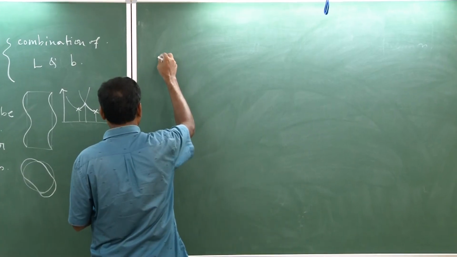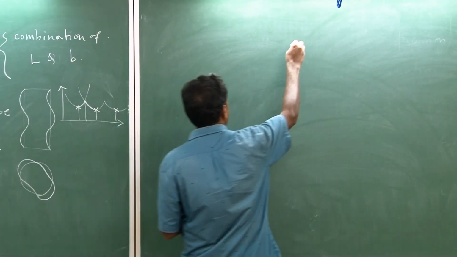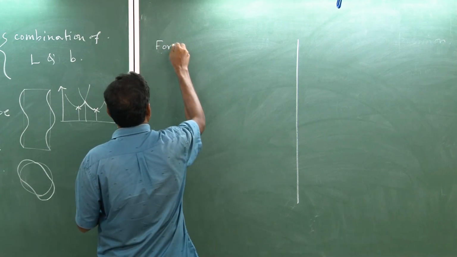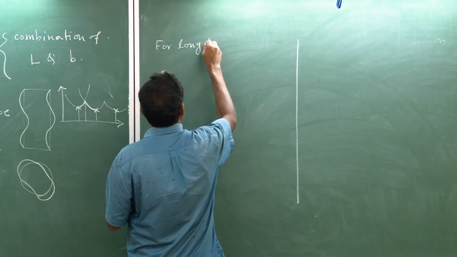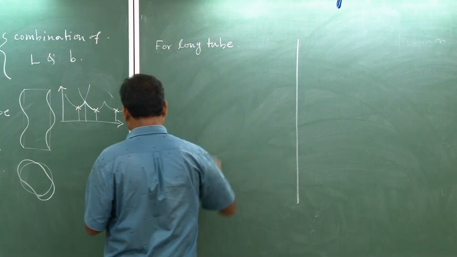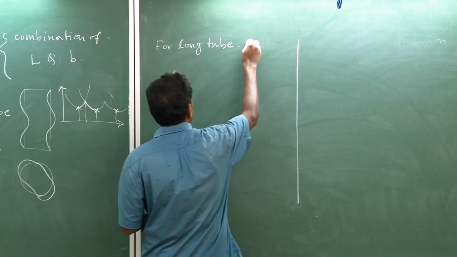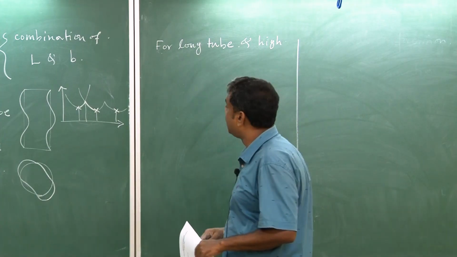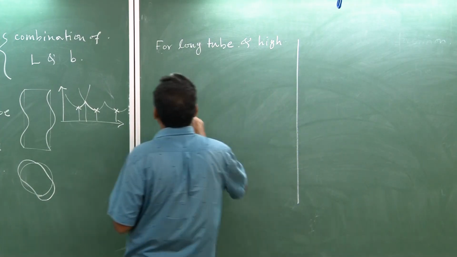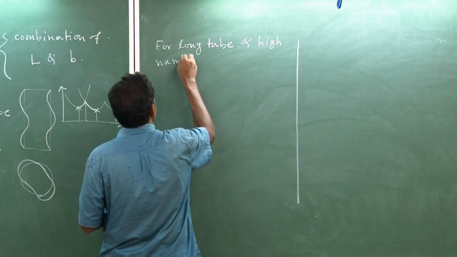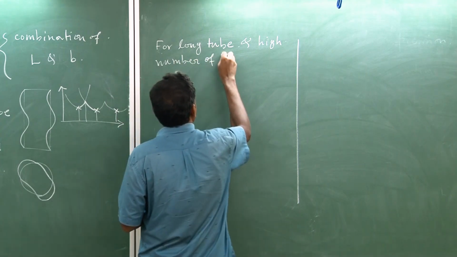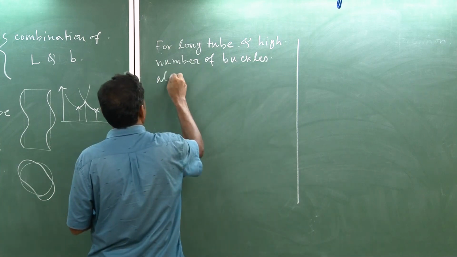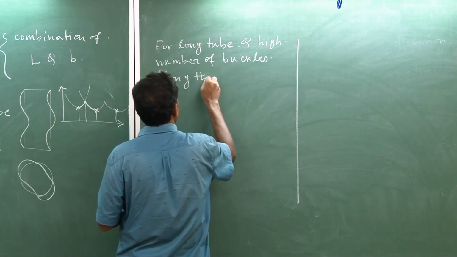Then we will distinguish between the two cases. One case is for a long tube and a high number of buckles. Long tube means a long cylindrical shell, and high number of buckles means a high number of buckles along the circumference.